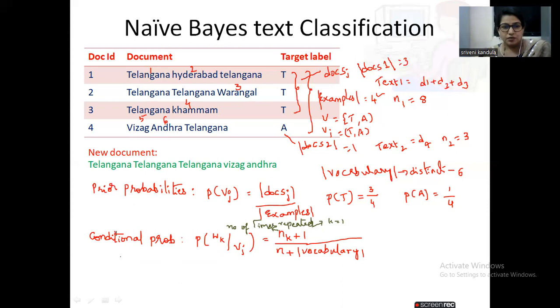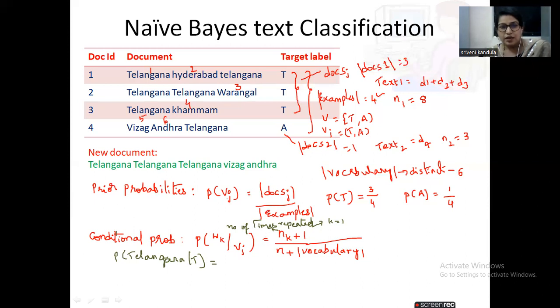So now let us do the conditional probability for the first word, that is Telangana. Let us write it as P of Telangana given T. When I am considering the target label T, which document should I consider? I should consider text 1, which is a combination of doc 1, doc 2 and doc 3.